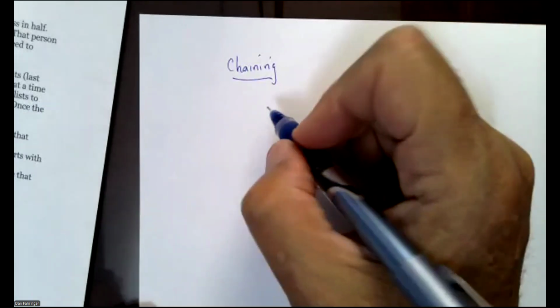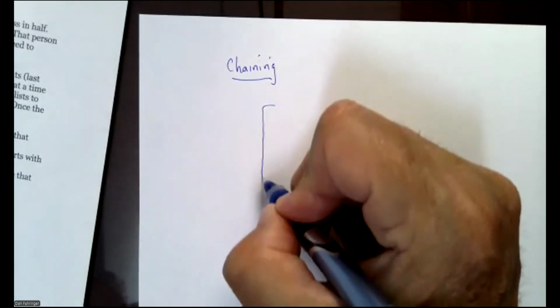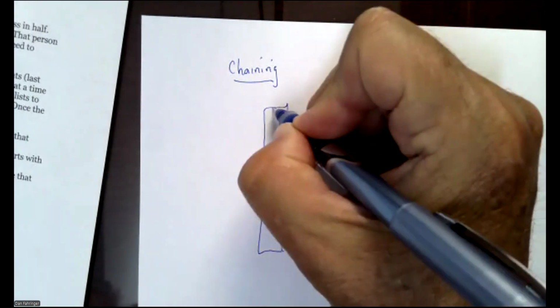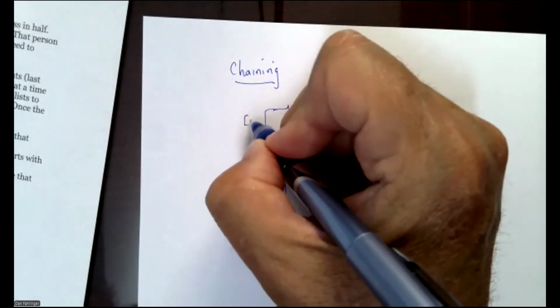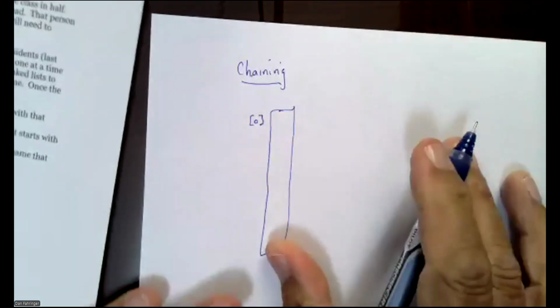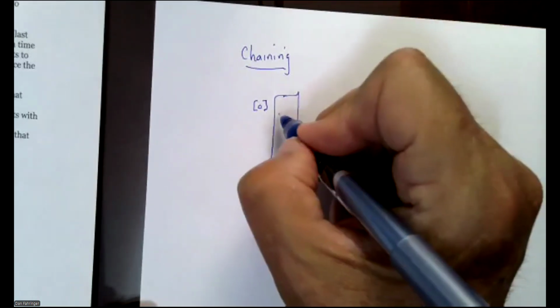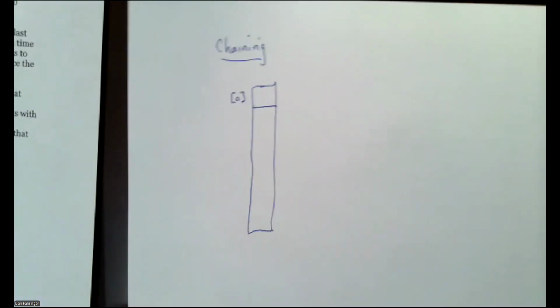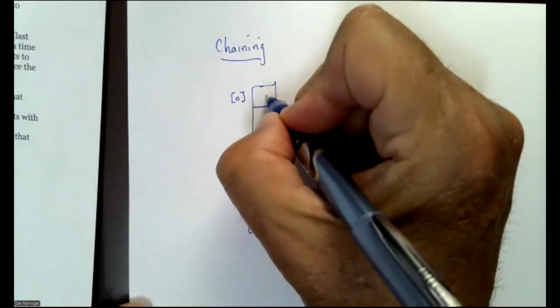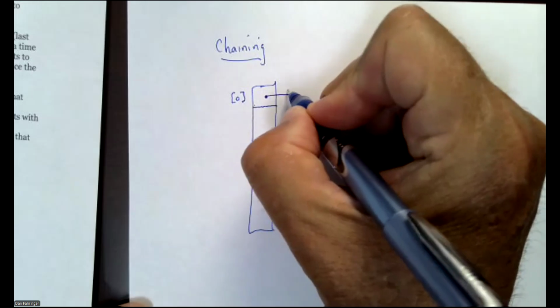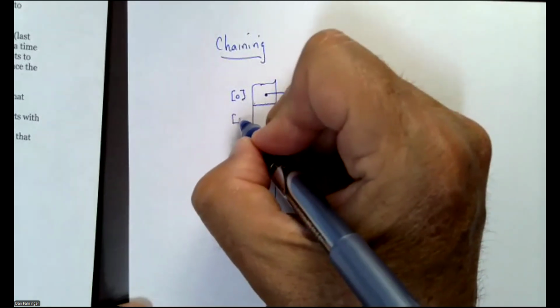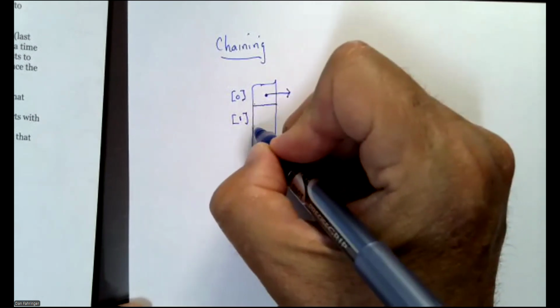Chaining. We're going to have an array, and I'm going to make the array this way. Array sub 0 is going to hold a pointer. What's stored at array sub 0 is a pointer. What is stored at array sub 1 is a pointer.